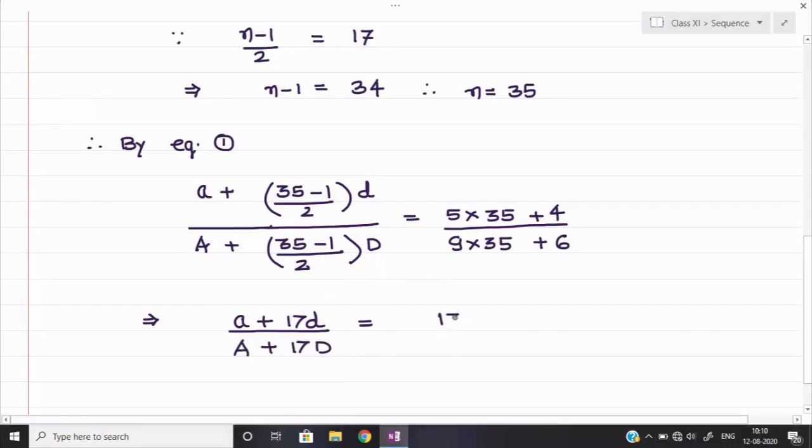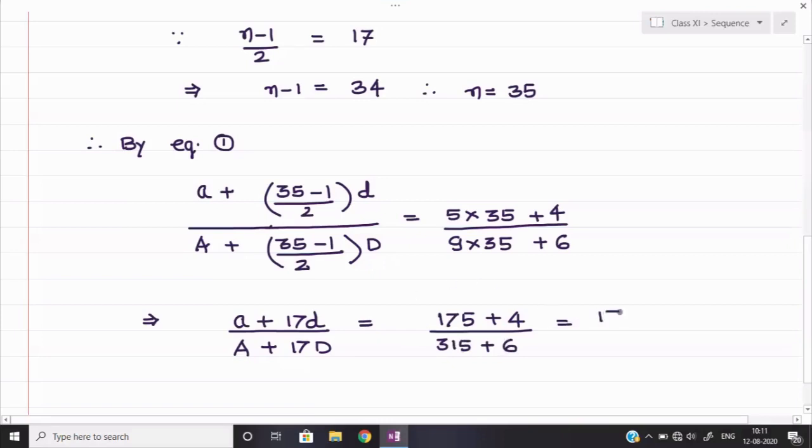So this will come 175 plus 4, and 9 into 35, so 350 minus 35, I think we'll get 315. So this will become 315 plus 6, right? If there is any calculation mistake, then please make a correction.